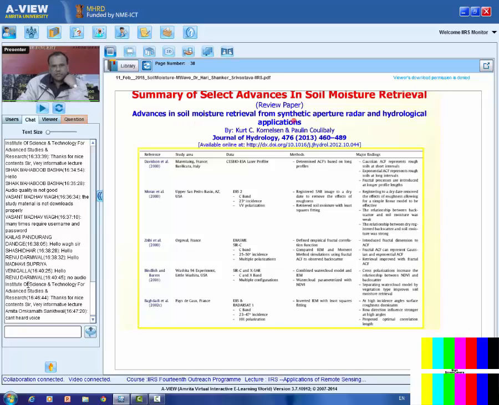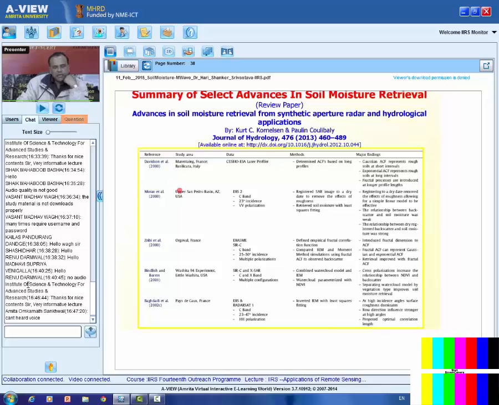Advances in soil moisture retrieval from synthetic aperture radar and hydrological applications. This paper was published in Journal of Hydrology in 2013, and it is available. This is the link I am giving. This paper basically gives the summary of select advances in soil moisture retrieval.